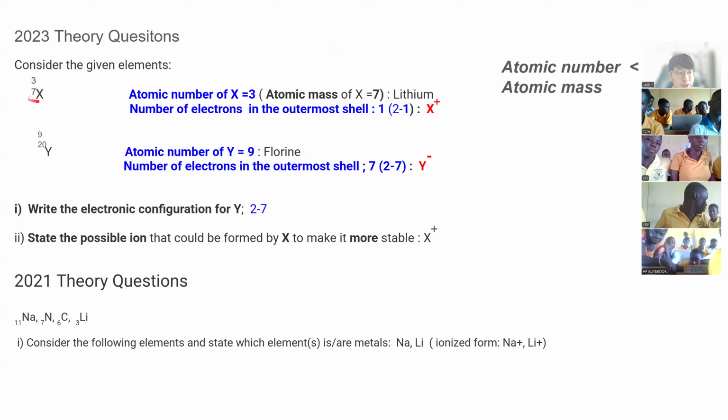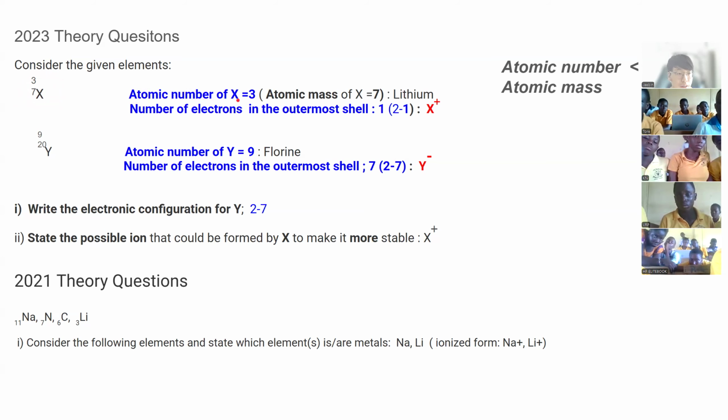In this notation, the one on the top is the atomic number, and the one on the bottom is the atomic mass. So don't be surprised if they give you this sort of format.